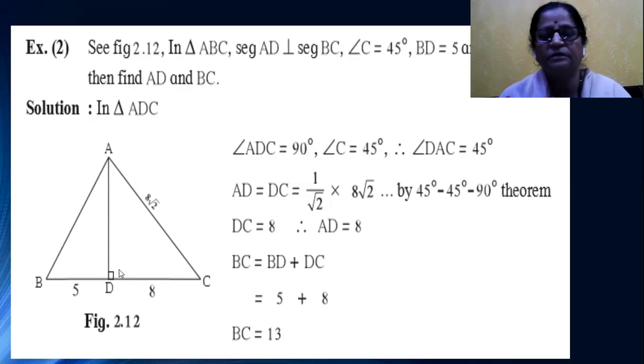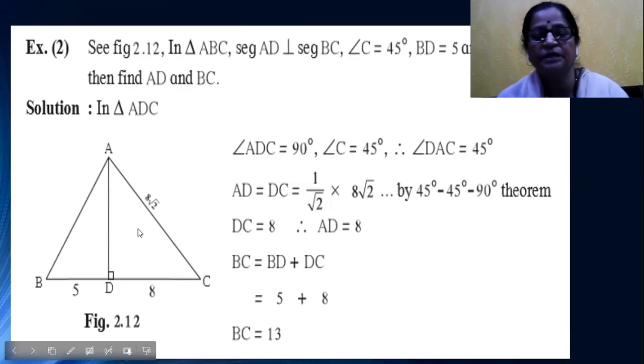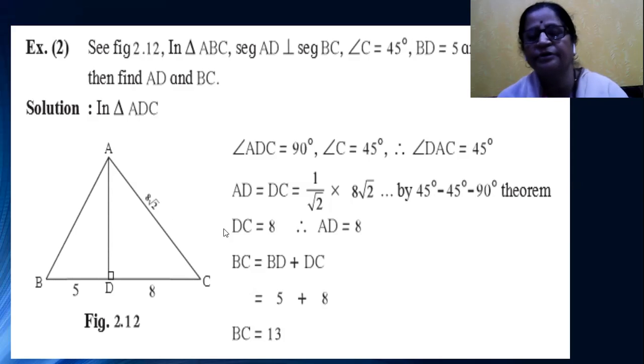AD is equal to DC is equal to 1/2 square root 2 into the hypotenuse. In triangle ABC, the hypotenuse is AC, and that value is 8 square root 2.